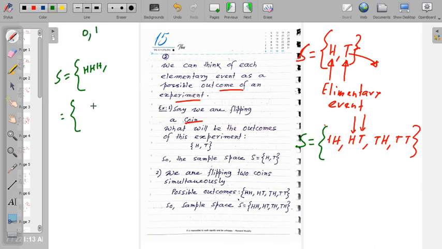In that case, it is easier for us to write. 0 0 0, 0 1 0, 0 1 1 and all these things coming up. So this is the sample space whenever I am flipping three coins simultaneously.